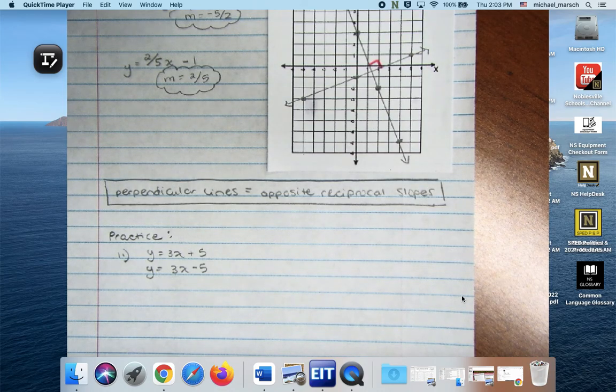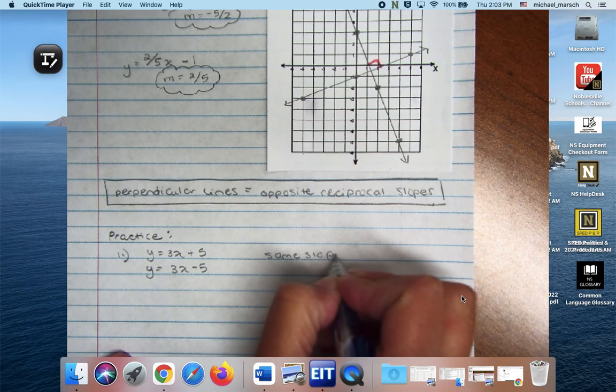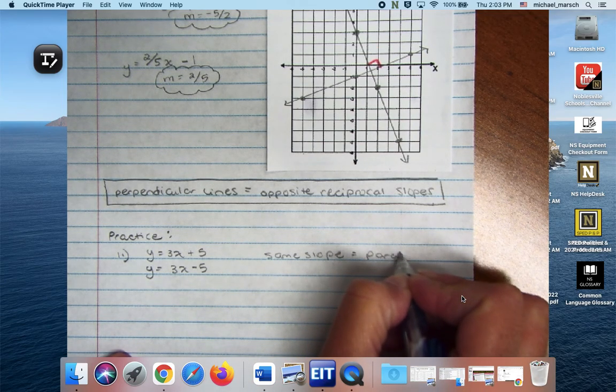Practice number 1, parallel or perpendicular? Parallel. Why? Same slope. Yep. Same slope, parallel.